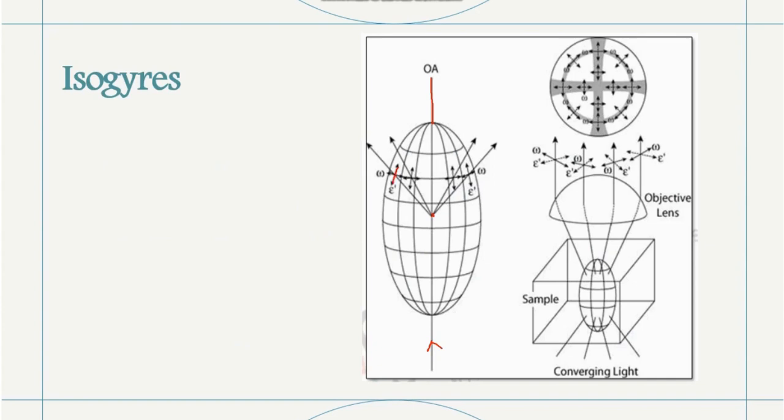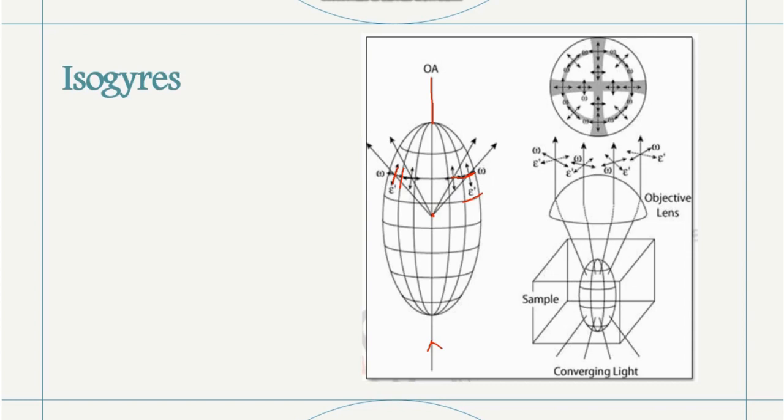The extraordinary rays will vibrate parallel to these lines of longitude. But what about the ordinary rays? The ordinary rays vibrate parallel to the lines of latitude.